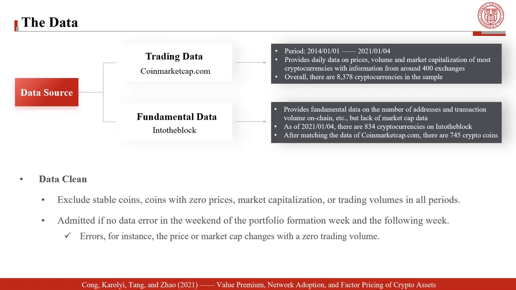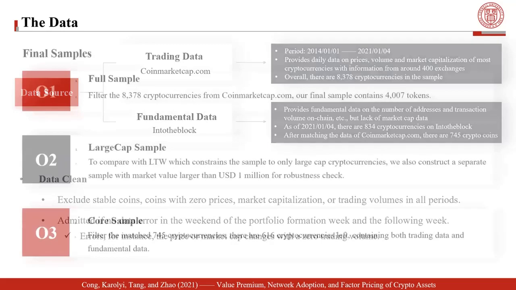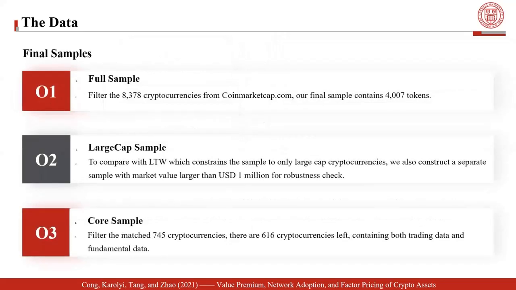Over there, we have 834 cryptocurrencies. After merging and matching with CoinMarketCap data, we have 745 left. So we're going to call the full filtered sample of over 4,000 tokens from CoinMarketCap our full sample.